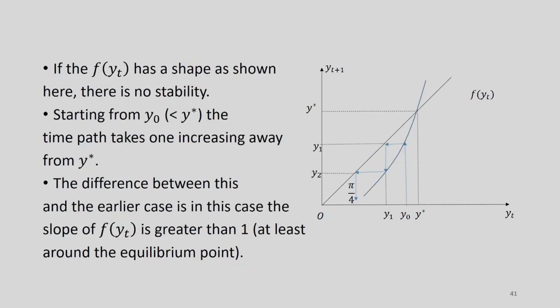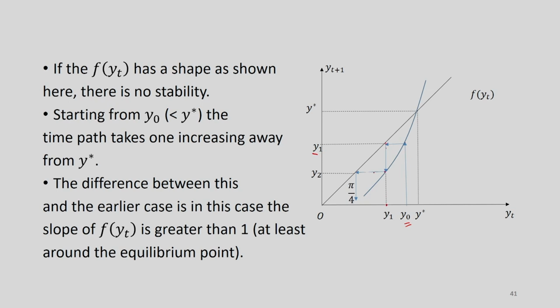If the f of yt has a shape as shown here, in this diagram, then there is no stability. So, let us try to trace out one path. Here we are taking y0 below y star. So, y1 will be at this value, right, and again projecting back we get y1 here.